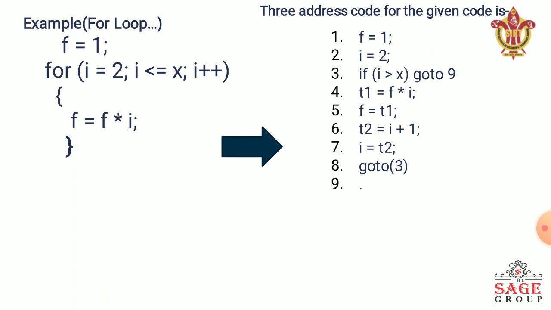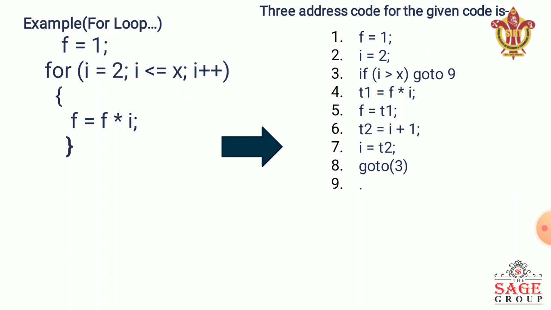We can write this condition in two ways. Firstly, in the same manner, i less than or equal to x, or in another manner, i greater than x. If i is greater than x, this condition is false for the loop, and we do not enter our loop.